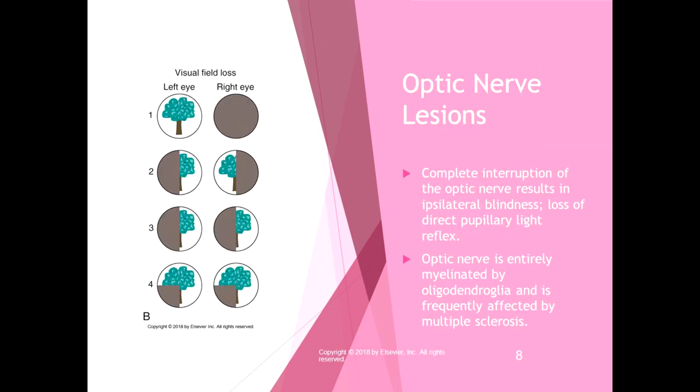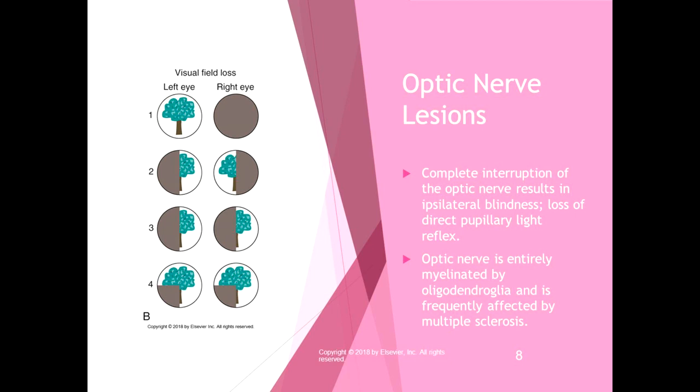When we're talking about optic nerve lesions, a complete interruption of the optic nerve results in ipsilateral blindness and loss of the direct pupillary light reflex. The optic nerve is entirely myelinated by oligodendrocytes and is frequently affected by multiple sclerosis. So a lot of times in MS, the first symptoms people have are visual symptoms.